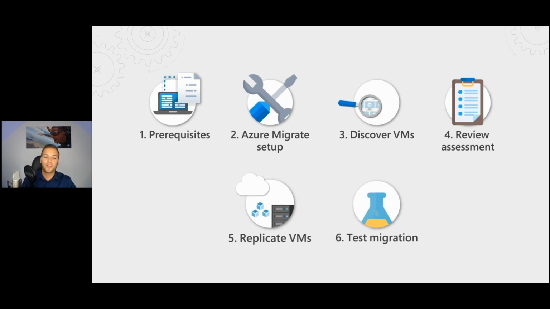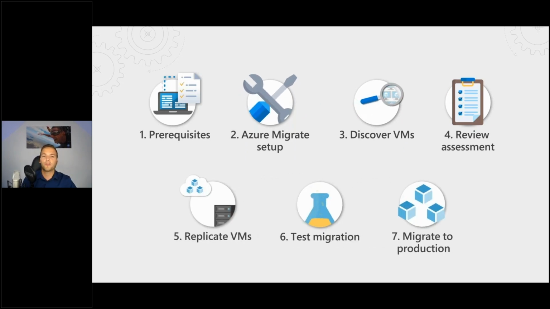You review your assessment, you replicate your virtual machines, so sort of set them standby to Azure, and then test your migration, see if everything works properly. And when you finish all your checkboxes, then you can start the migration to production. So those are basically the 7 steps that we're going to discuss during this presentation.